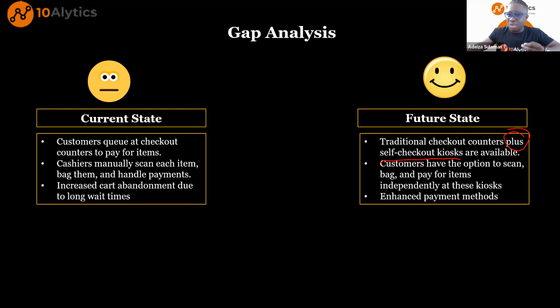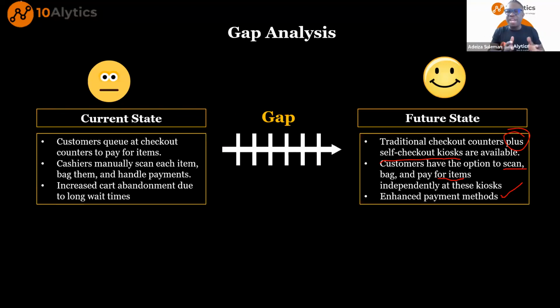That's what you want to achieve. You also want customers to scan their items themselves and pay for those items using different payment options, from mobile payments to their credit and debit cards, and so on and so forth. So this is the future state that you want to achieve.